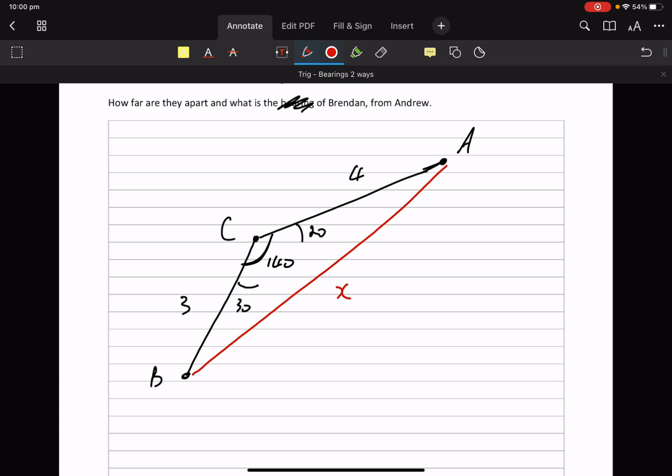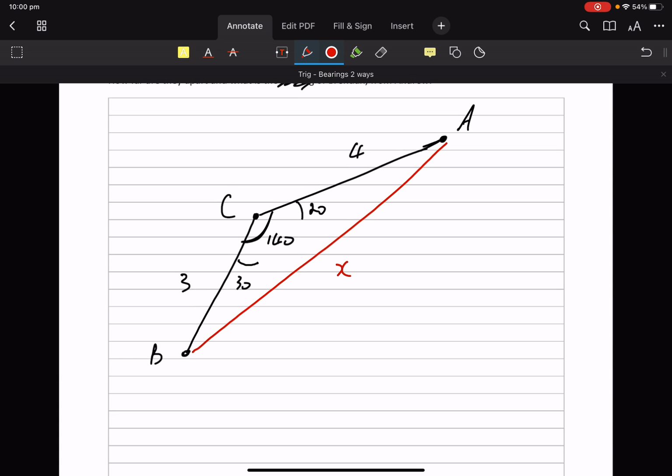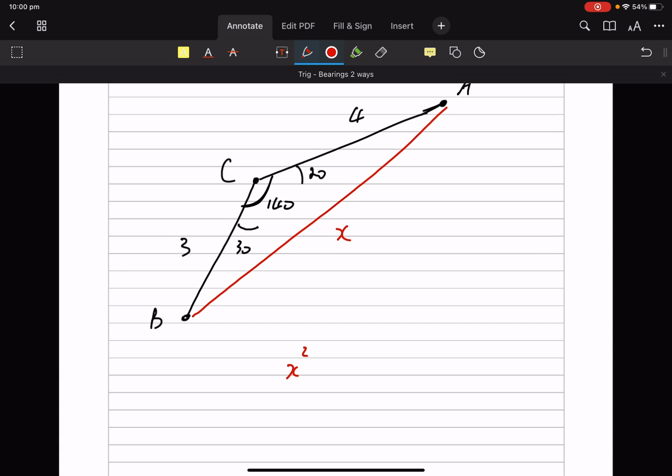If it's just finding the distance, we wouldn't even think about using the components, which is what I just scribbled out, because it's too hard, too long. 3 squared plus 4 squared. If we just use the cosine rule and our calculator, we get that x is 6.58, and we've done that really quickly and really easily.